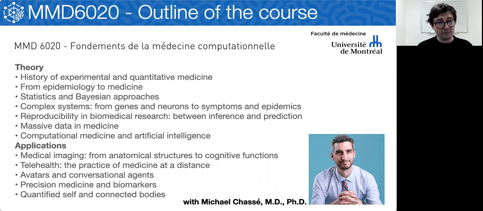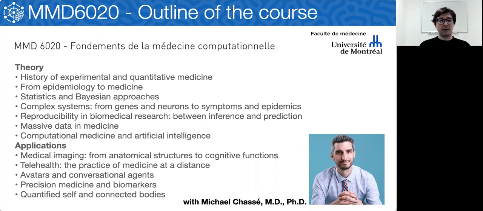Telemedicine and telehealth, which is quite contemporary with the COVID pandemic. Avatars and conversational agents. You saw, for instance, the avatar therapy for schizophrenia, but you can also have conversational agents to pre-screen participants, and avatars for training social skills in autism, for instance.